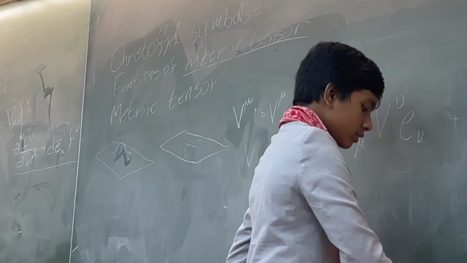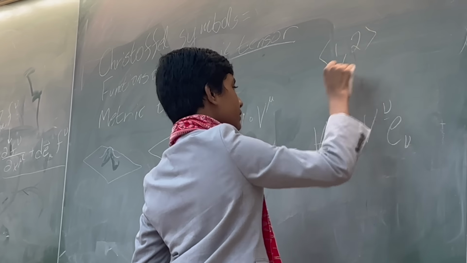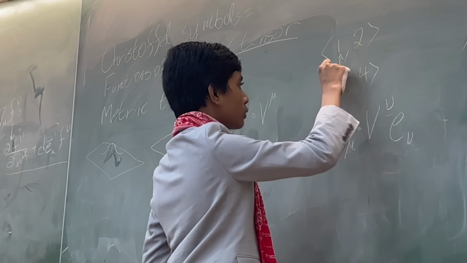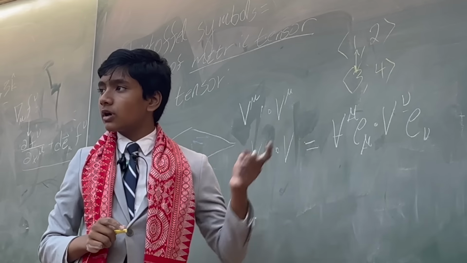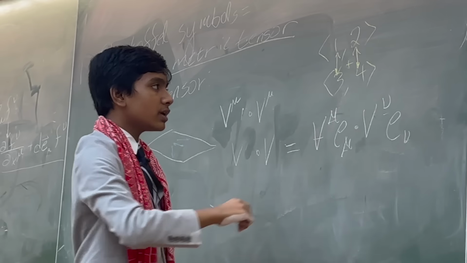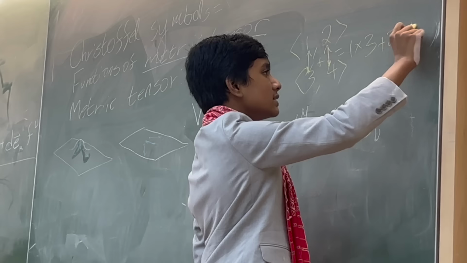In Cartesian coordinates, taking the dot product between two vectors means multiplying component 1 by component 1 of the other vector, plus multiplying component 2 by component 2 of the other vector. 1 times 3 plus 2 times 4 is equal to 9.